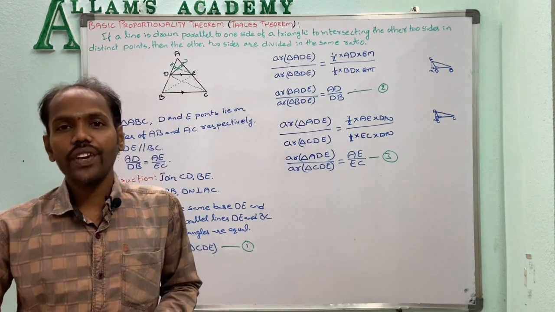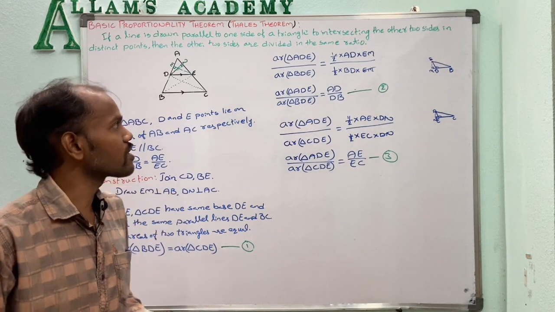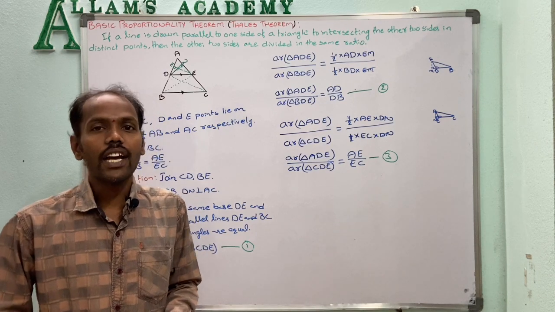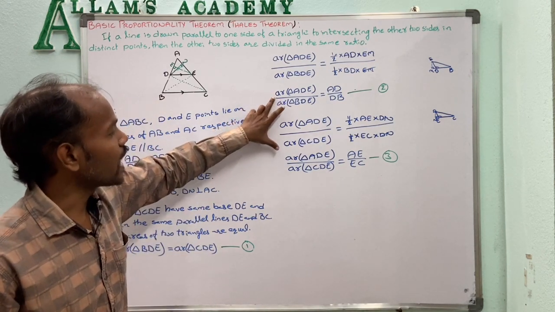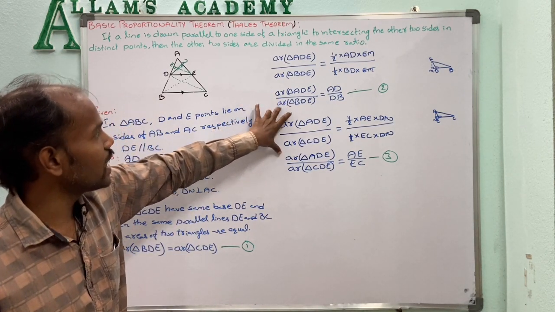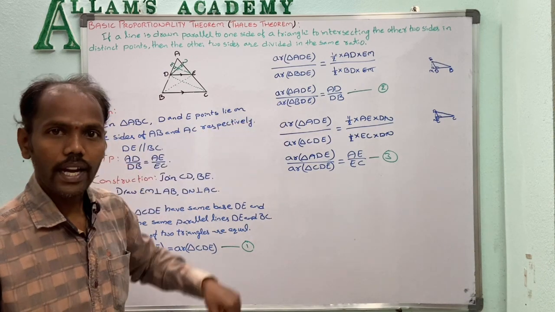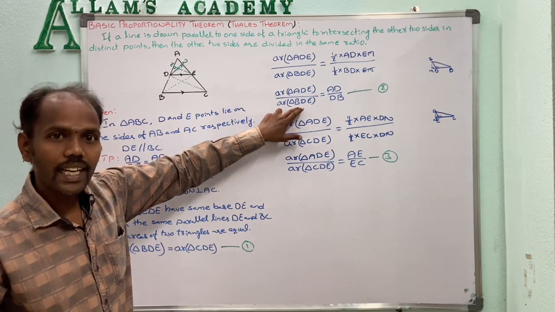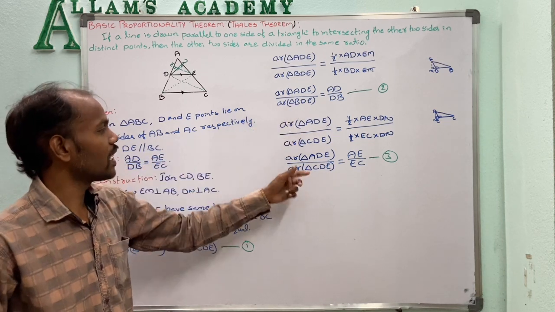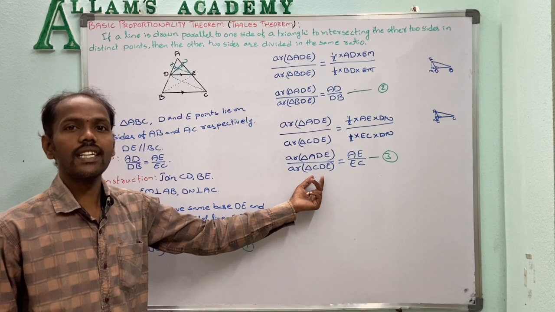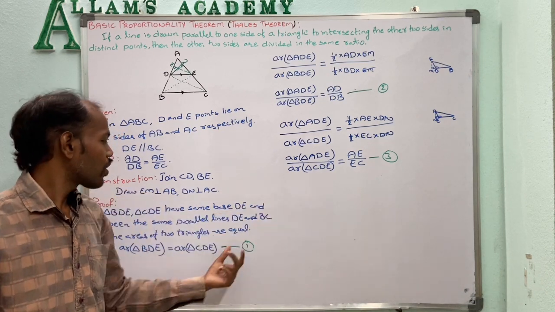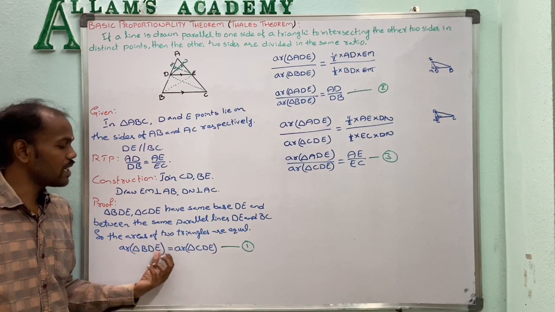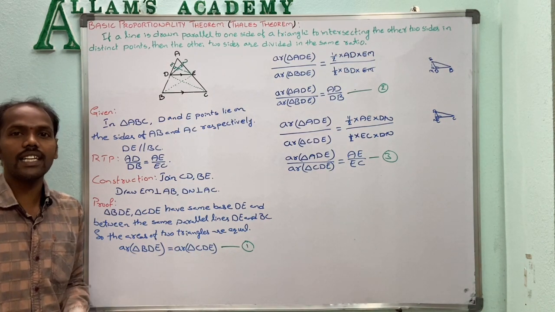Now, if we observe equations 2 and 3, the numerator is the area of triangle ADE in both, so the numerators are equal. In the denominators we have area of triangle BDE and area of triangle CDE.